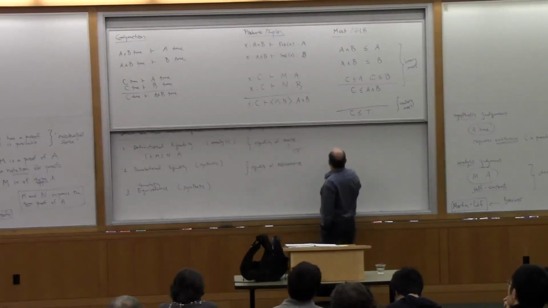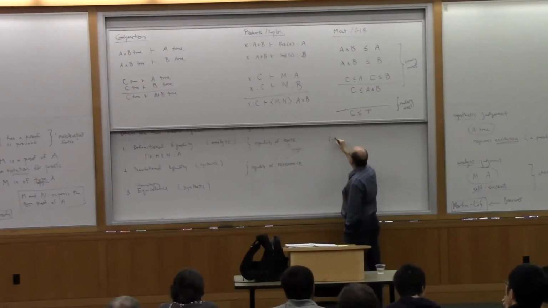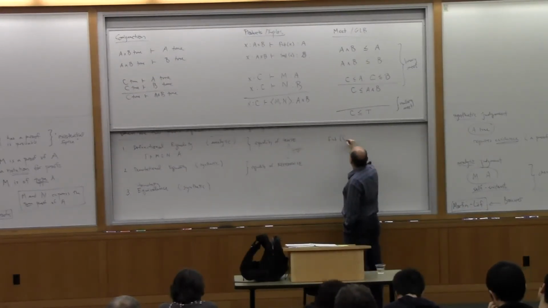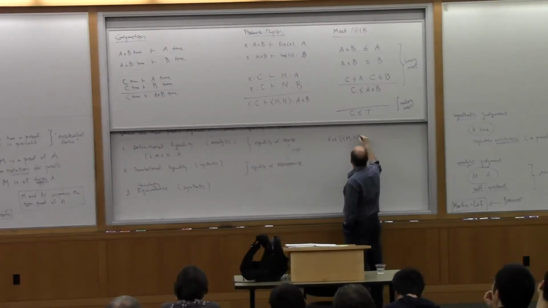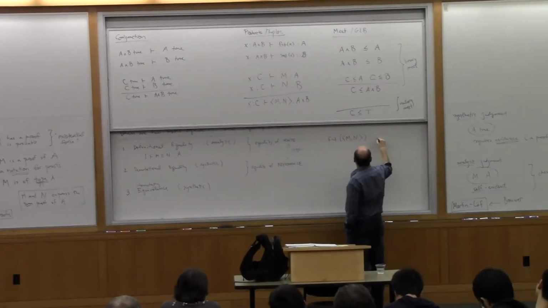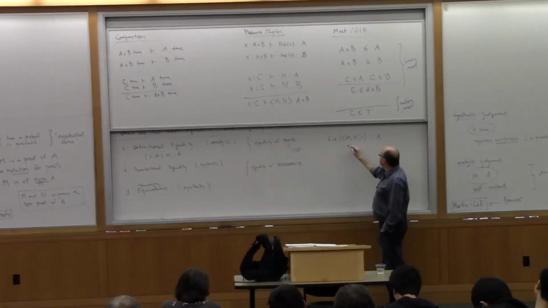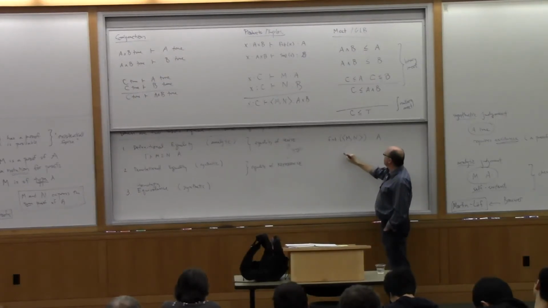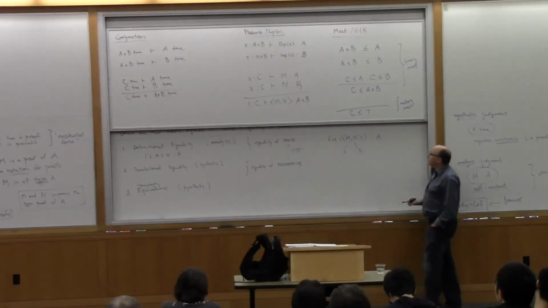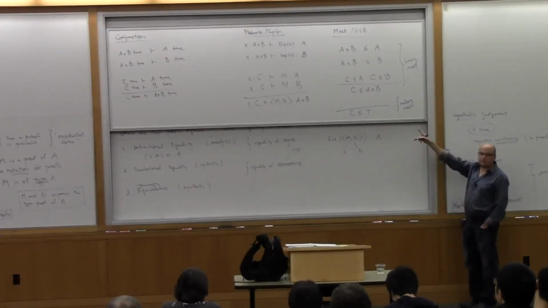Well, if I compose those two, I will get first of mn, which will be a proof of A under the assumptions that this is a proof of A and this is a proof of B. Right? If you work it out. Do you see that?